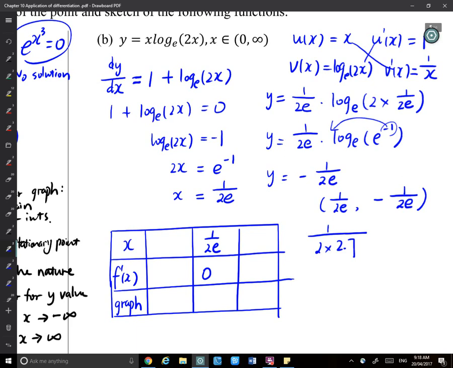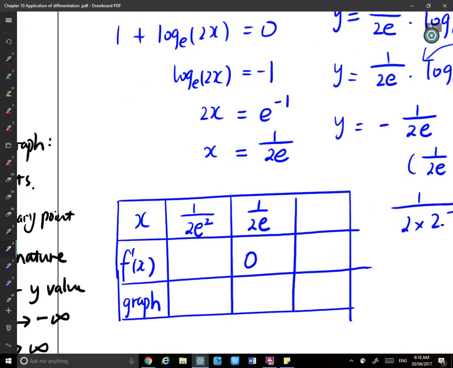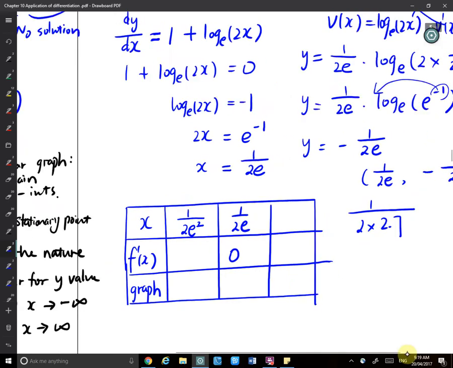I will choose a number smaller than that which is easy for me to calculate. I increase my denominator, but still maintain this e, so it's easy for me to substitute into log. If I put 0.1 there, I don't know how large that is, and I can't really state whether it's positive or negative. So this is a good number to try.